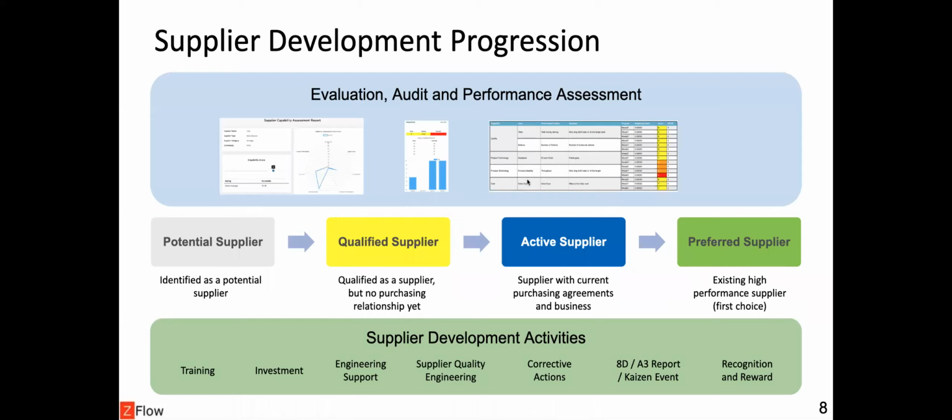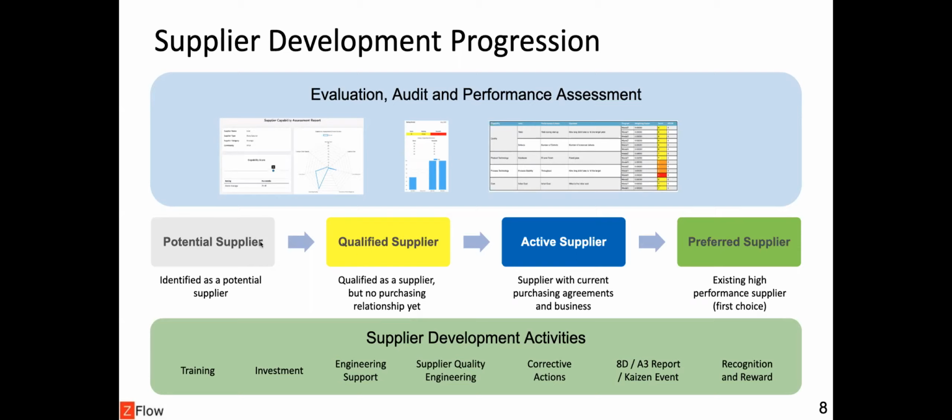However, supplier development progression, as we had indicated, is quite a bit of work. It's not, you send a PO and it's done, right? So as part of progressing the suppliers throughout this development cycle, if we were to call it, you go through several steps.